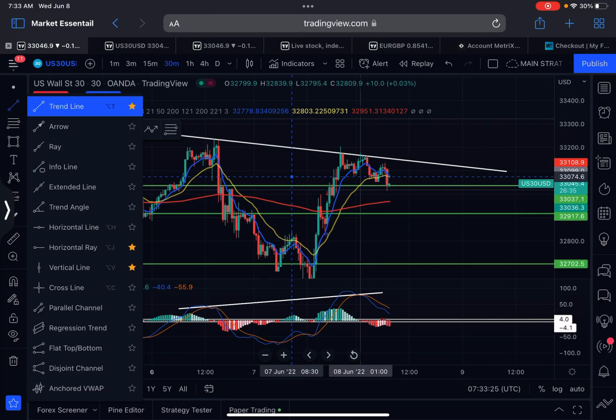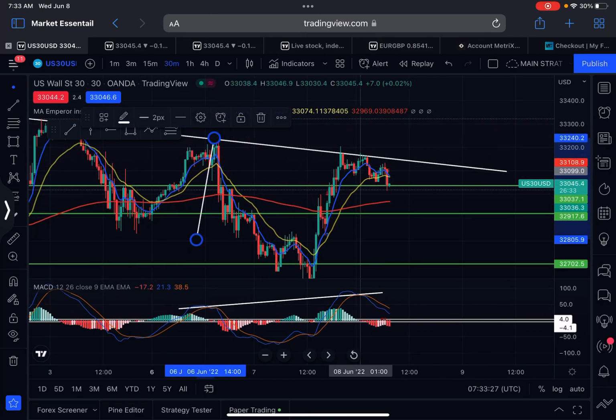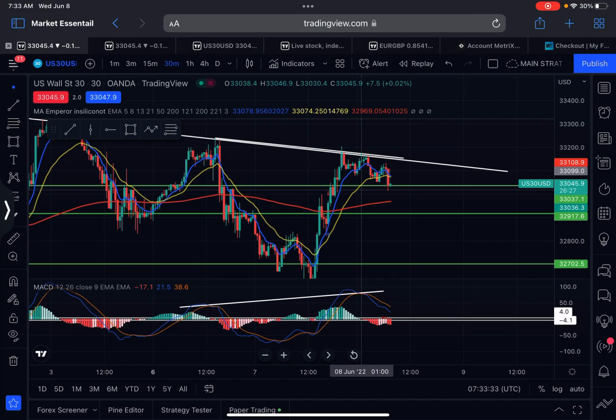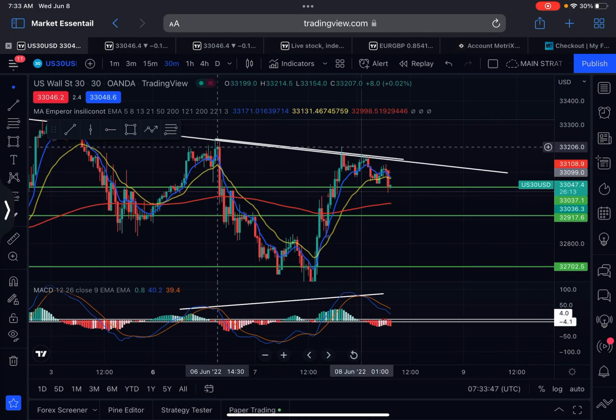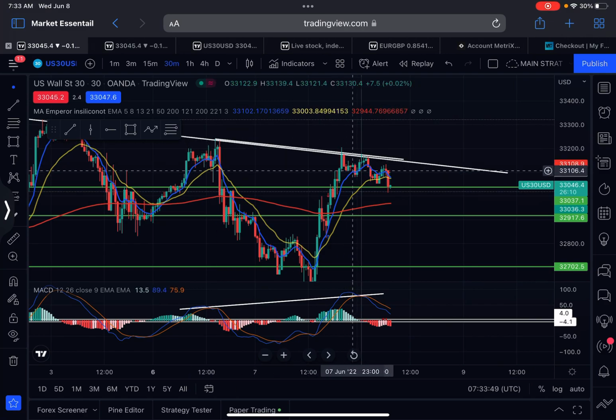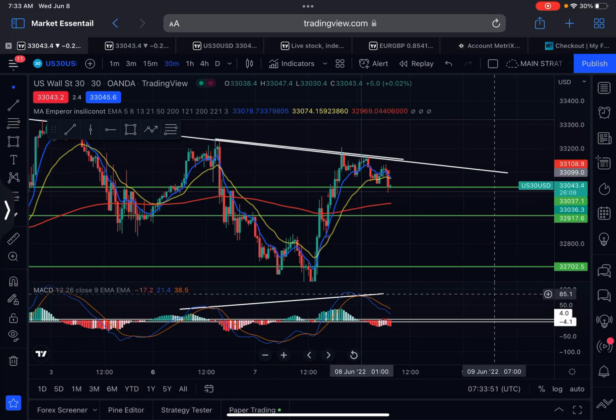So we got a higher high on the MACD, right? That means that it's extended. That means the price is getting tired. The sellers are getting tired. The price is extended, right? But here we got a higher high and a lower low, but here we got a lower low and then a higher high.